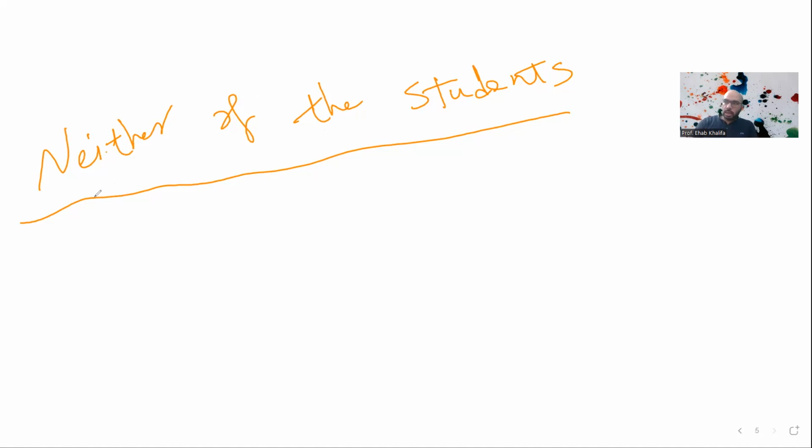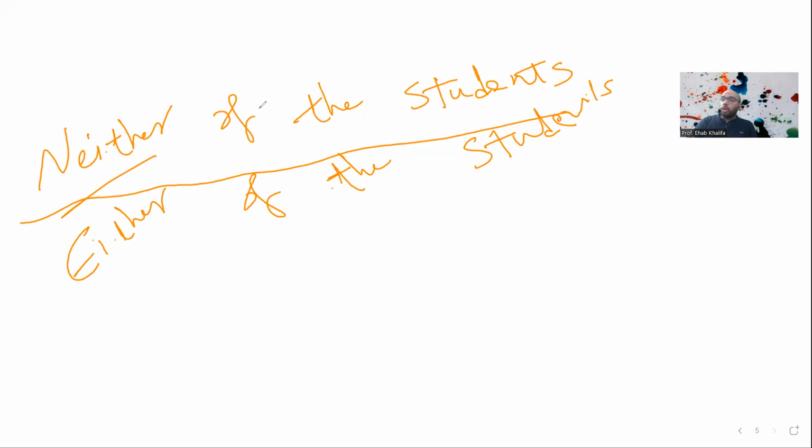So easy, guys. See, the word neither and the word either of the students. I give you an easy rule now. Do you see the word or, nor?